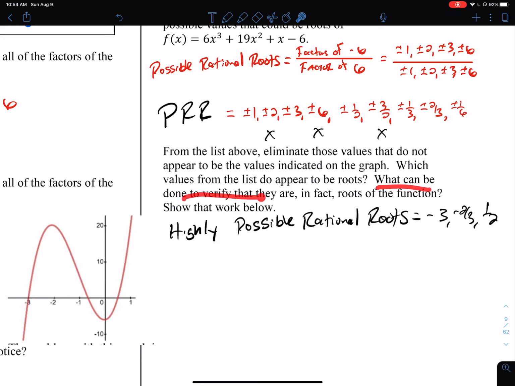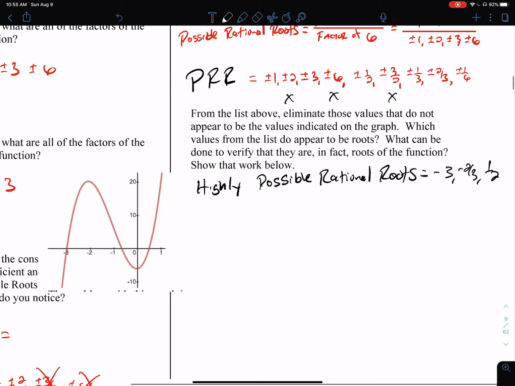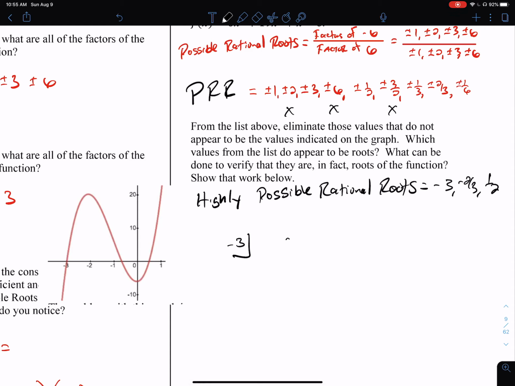What can be done to verify that these are in fact roots of the function? Well, we could use synthetic division. If -3 is a root, we can divide that into our polynomial, which had coefficients of 6, 19, 1, and -6.